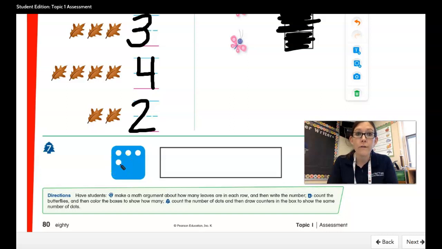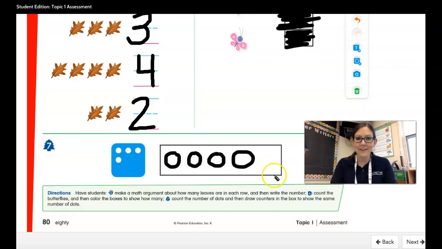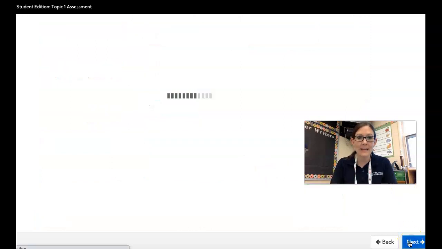We need to draw 4 counters in this box. 1, 2, 3, 4. Do I have the same number of counters as there are dots? 1, 2, 3, 4. Yep. Right. Very good. Next page.